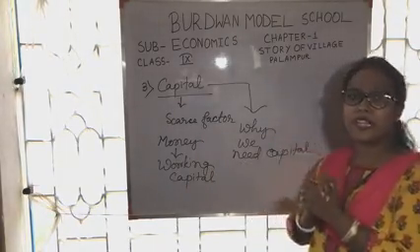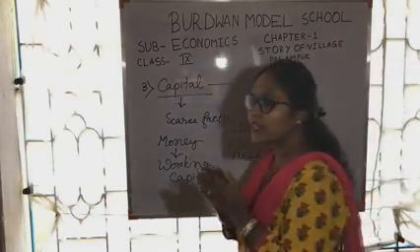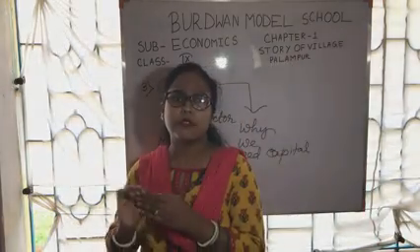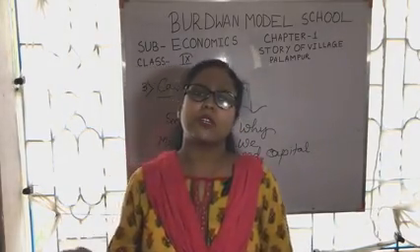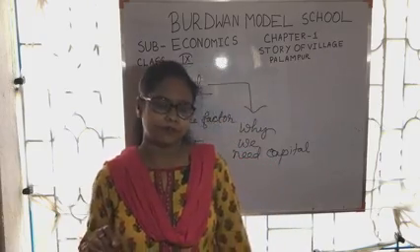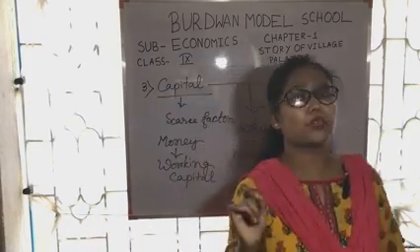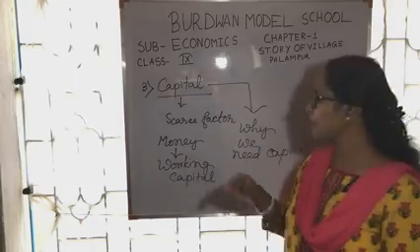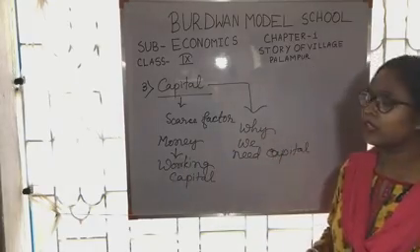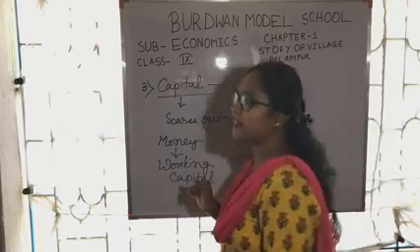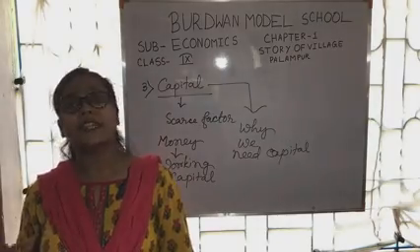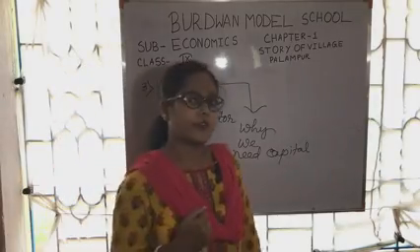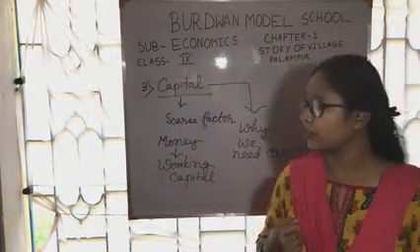So from where do we get the money? First, consider the small farmers. They have only less than 2 hectares of land and they have no savings. So from where do they get the capital? They get the capital from the large or medium farmers, money lenders of the village, or the traders of the village.